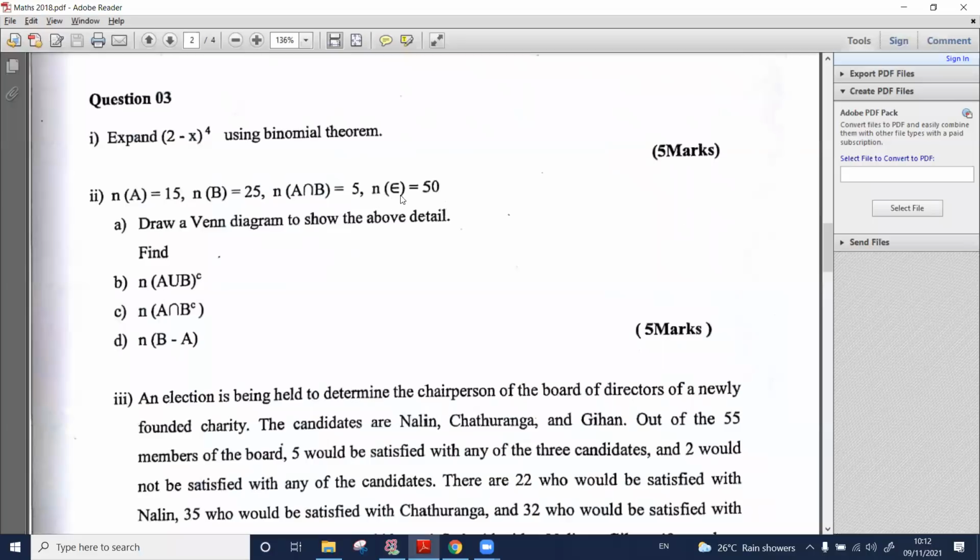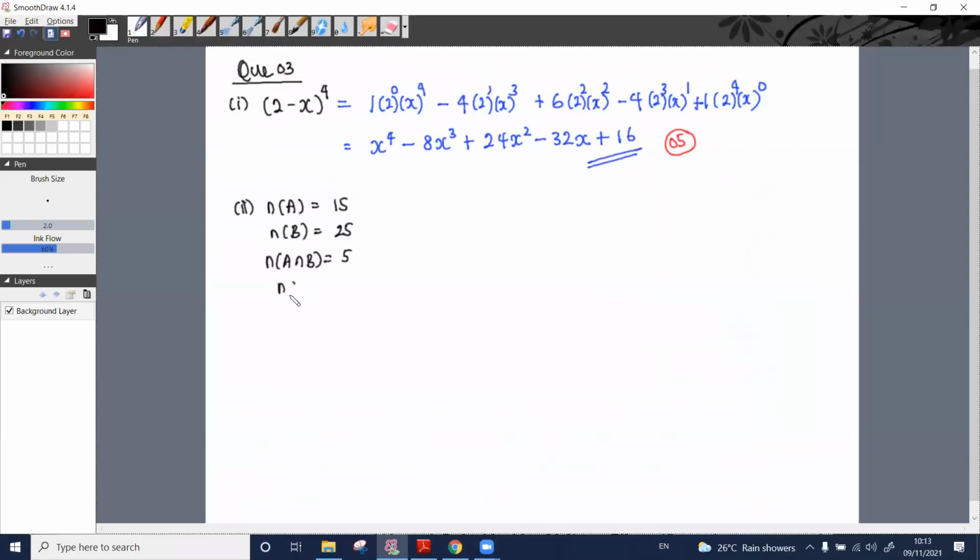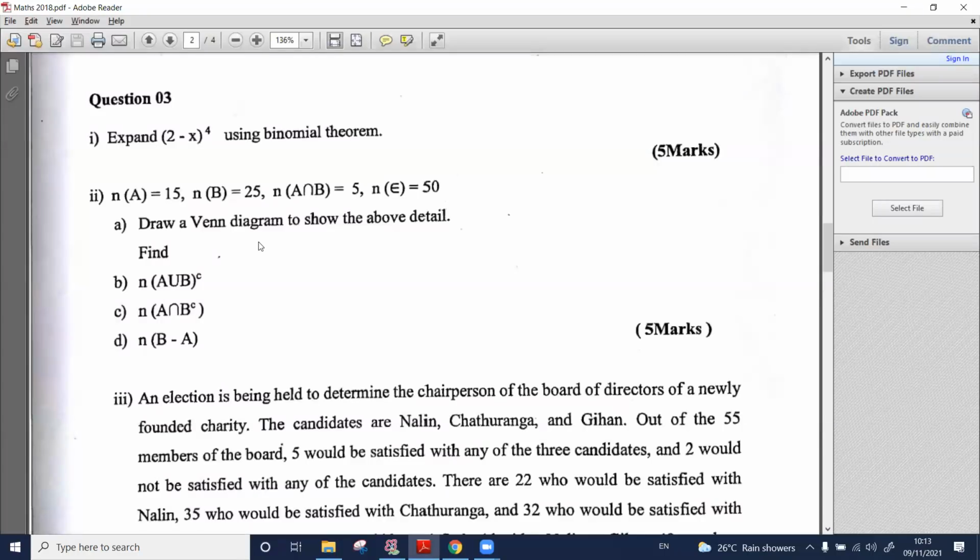And the sample space is 50. Altogether there are 50 observations. So these are the information that they have given. Right. So we need to draw a Venn diagram to show the above detail.